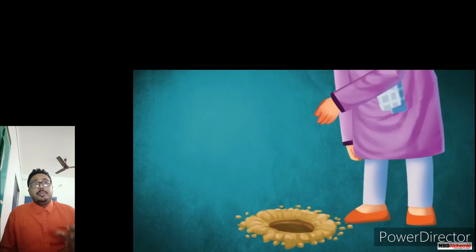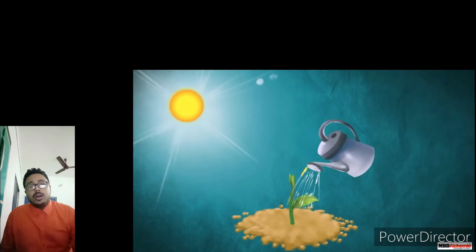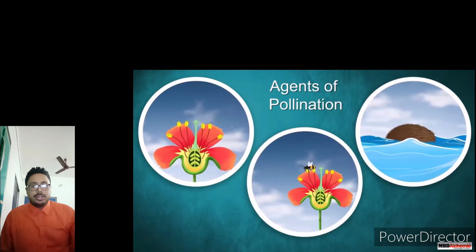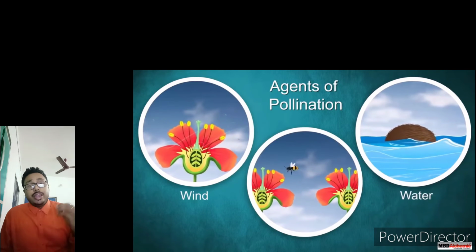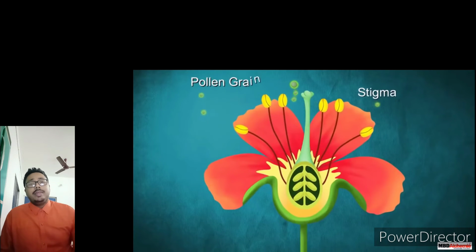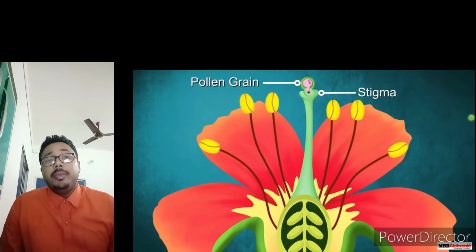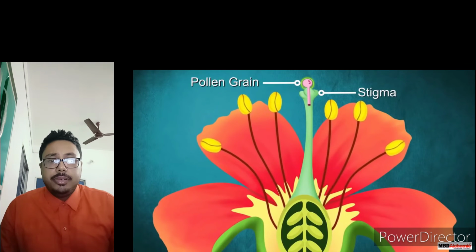If pollination does not occur, the gamete will not fuse with the egg. And if it does not fuse, there will be no fertilization and no zygote formation. So it is a very essential step where the pollen grains move from anther to stigma. Otherwise, the formation of the zygote will not happen.